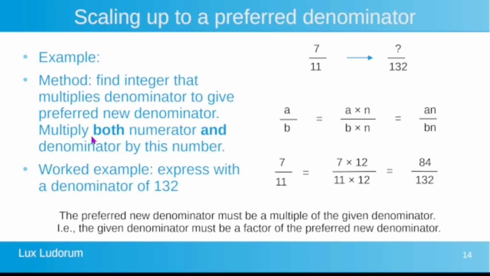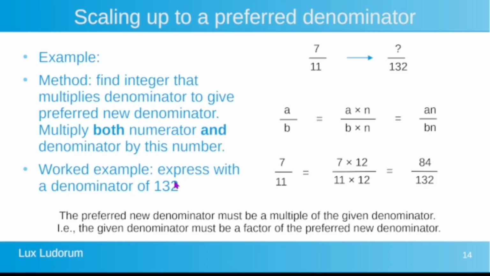Then once you've found that integer, you multiply both the numerator and the denominator by this number. A over b, we multiply the top and the bottom by the same number, which is one we've found to give us what we want on the bottom. So that gives an over bn in this case.